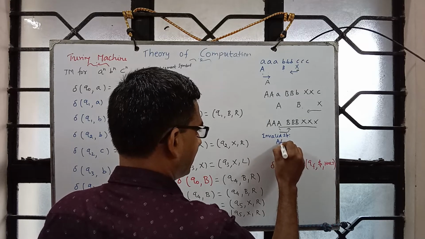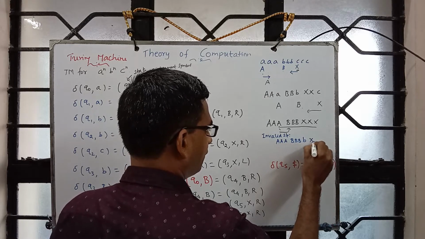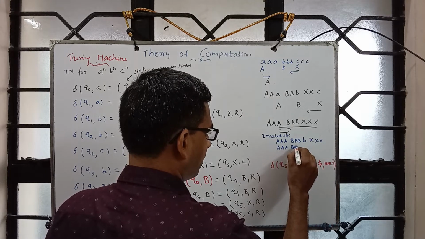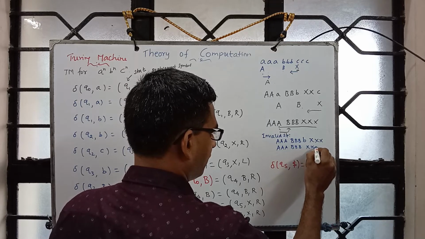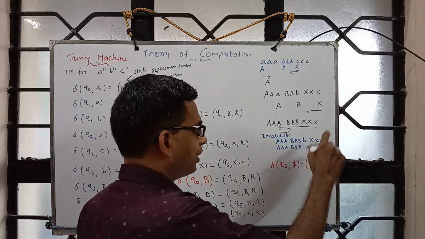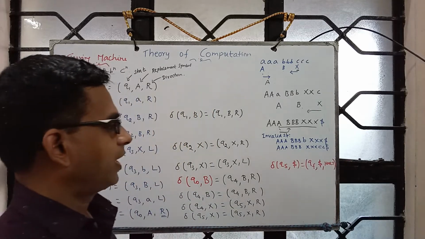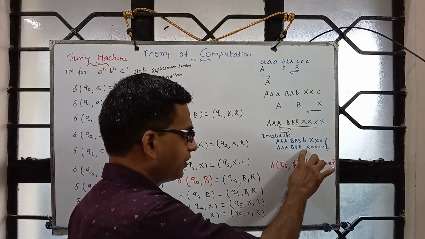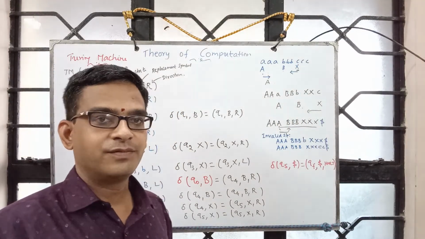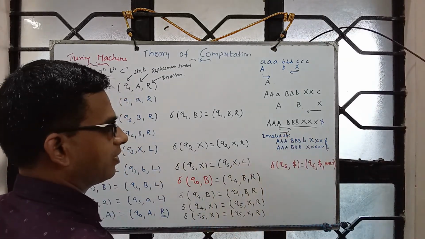For example, we may get something like this: A, B, little b followed by XXX, or maybe triple A, triple B, and then something like this. So I need to scan all of this and check whether I hit a dollar, and while scanning I should not encounter a B or a C. And in fact I should not see little a again.